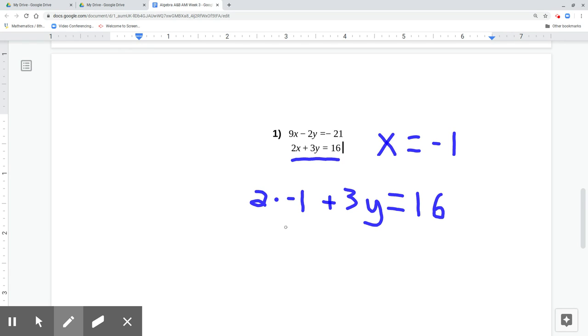We're not just going to go straight to inverse operations on this one. We can go ahead and do 2 times negative 1. That will give us negative 2 plus 3y equals 16.